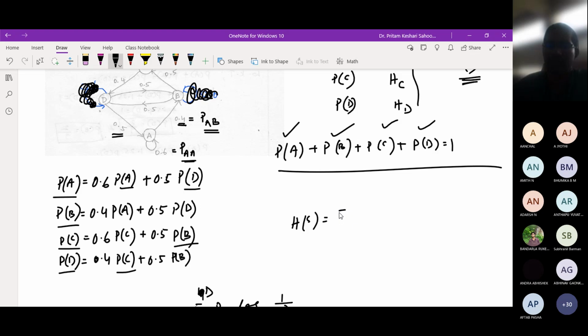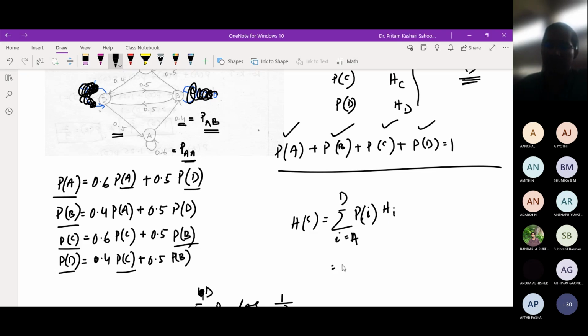H of S is equal to the summation from i equals 1 up to the number of states you have. You have four states, A, B, C, D. So A to D I will write. Then probability of i into H of i.